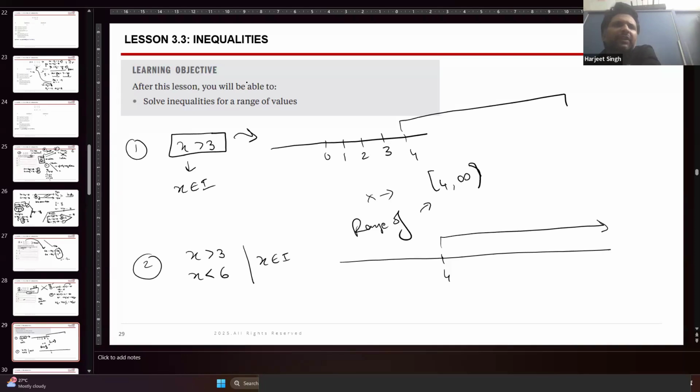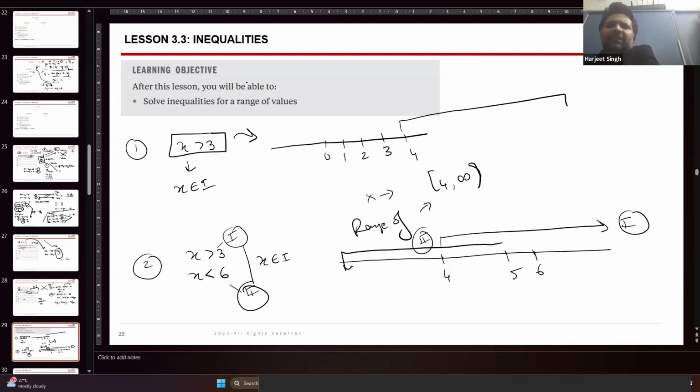So 4 till infinity is the solution of the first inequality, which is x greater than 3. X less than 6, on the other hand, can I say will be any value which is less than 6, which means 5 and below is the answer for the second inequality.